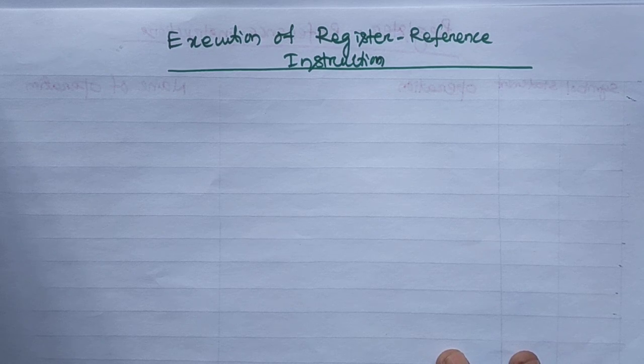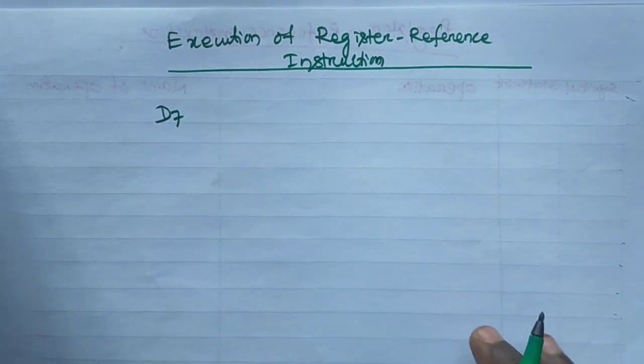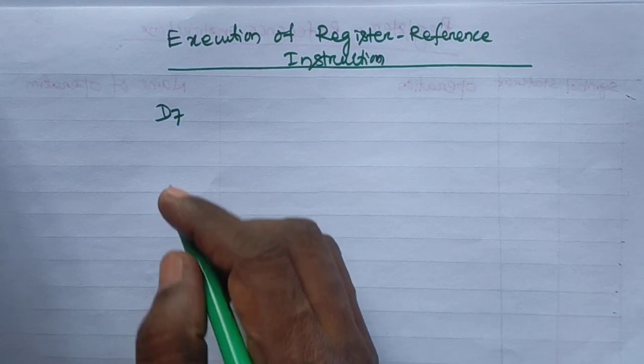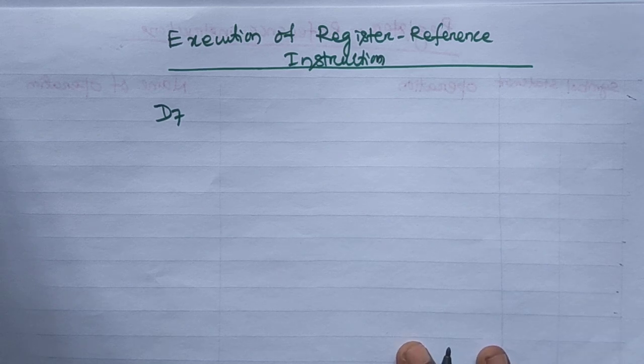The register reference instruction is defined through one format, and it is defined on D7. Whenever we decode the different kinds of instructions, one part we get is D7. D7 is defined for either memory reference, register reference or input output reference, so the role of D7 is very important.